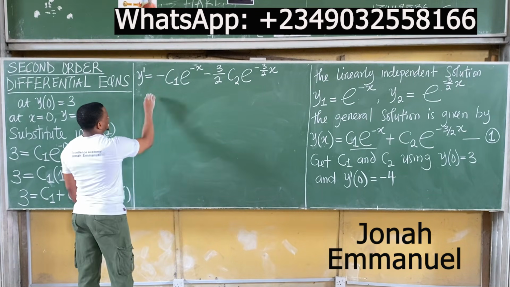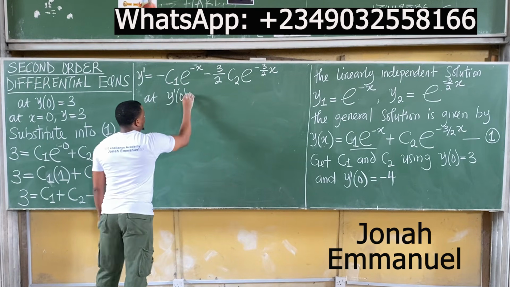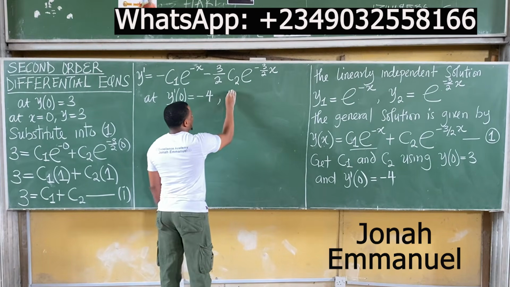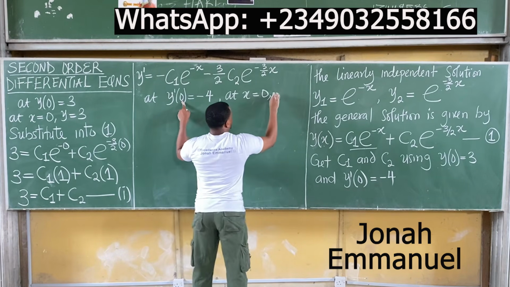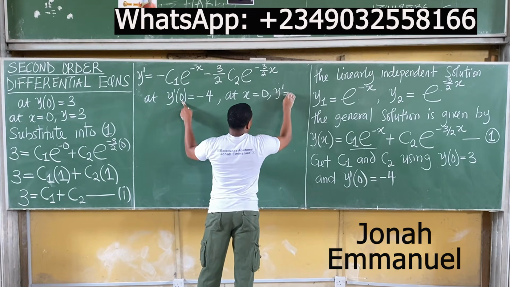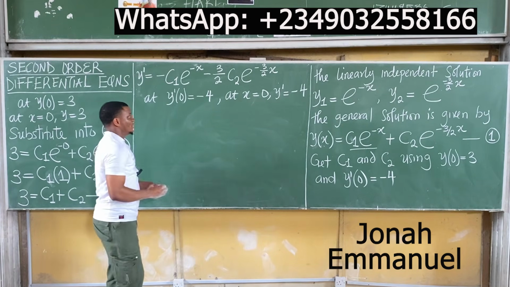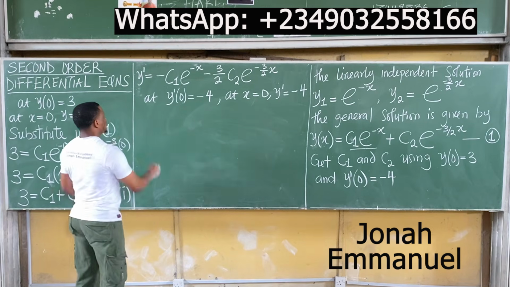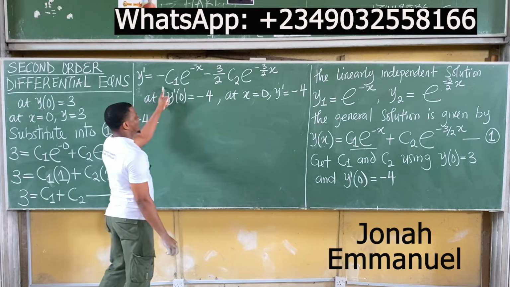Now let's bring in the condition y prime of 0 equal to minus 4. What are we saying? We're saying that at x equal to 0, y prime is equal to minus 4. That's what we're saying. Let's bring in the condition. So this value is minus 4. So minus 4 is equal to, whenever I say x here, I'll put 0.